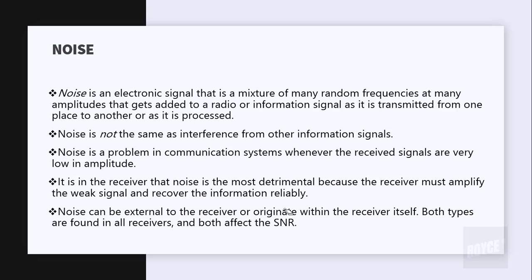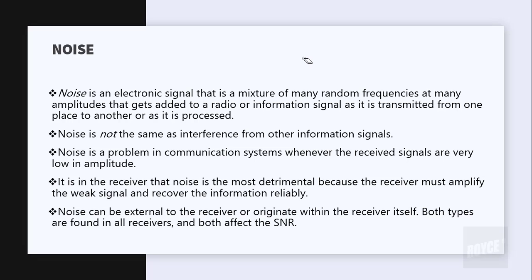Pag sinabi mo kasing interference, halimbawa, nagsasalita ako tapos nagsasalita din kayo. So, yung sinasabi nyo would be an interference for me. Tama? Now, noise is actually unwanted signal, random signal. Halimbawa, nagsasalita ako and then merong kumidlat o kaya may bumusina, then that would be the noise to my system.